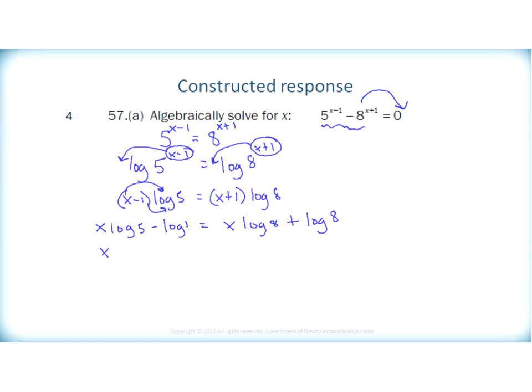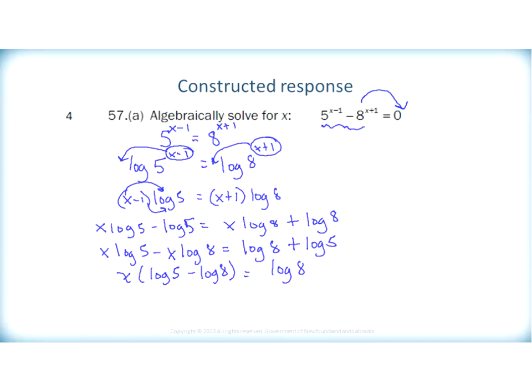This will give us x log 5 subtract x log 8, and that will equal log 8 plus log 5. And so if we take x outside, that will give us log 5 subtract log 8 times x, which equals log 8 plus log 5.